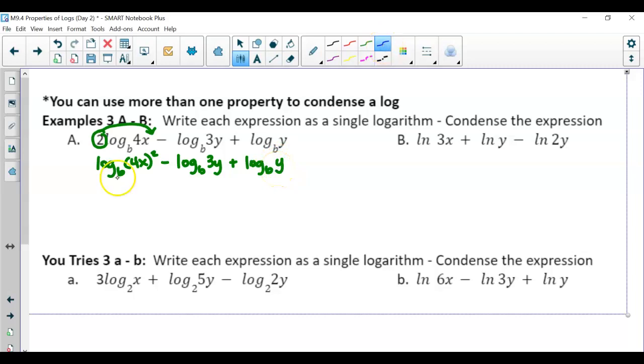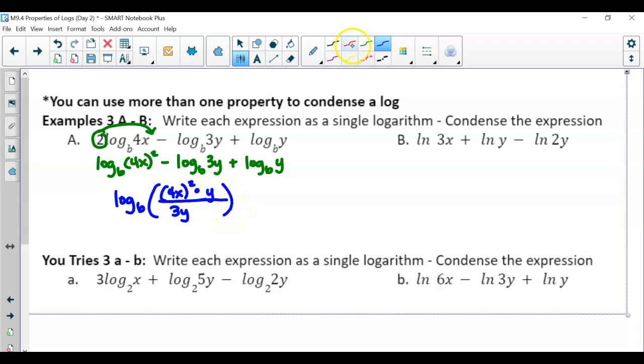Now I notice all three bases are the same, with no other coefficients to rewrite, so we can fully combine everything together, log base b. Now here we have 4x squared, but minus this log of 3y, so this is 4x squared over 3y. But then notice we are also adding, so we are multiplying by y.